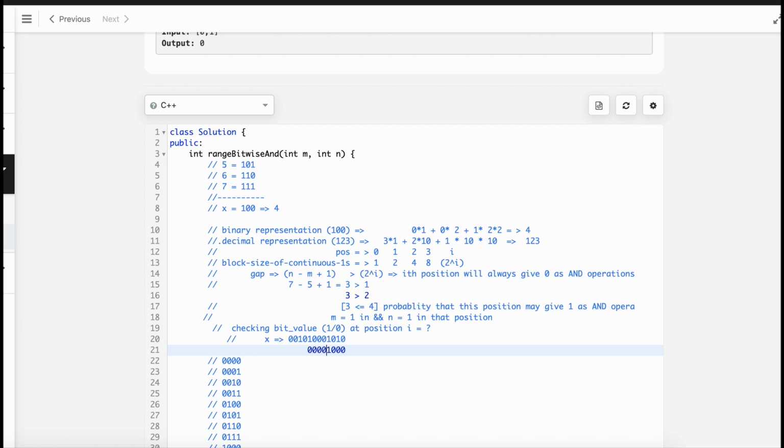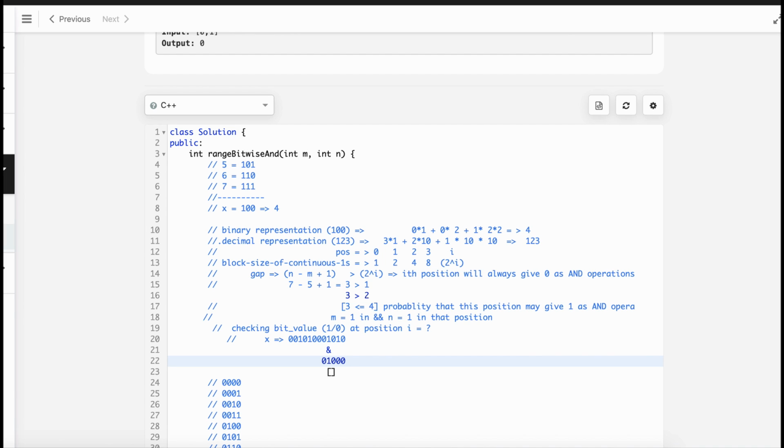If we somehow generate this number, by default the numbers to the left side will be 0, and if we do an AND operation, then all the other values will be 0 to both the left and right side. So we will be more concerned about the position of this particular value.